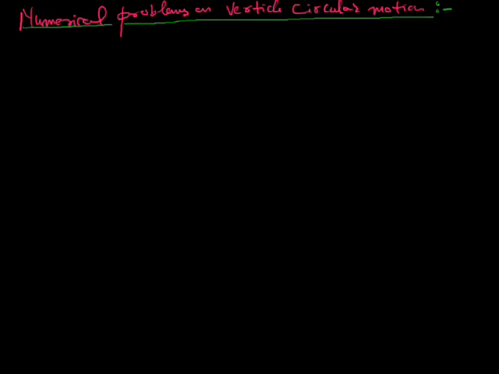First question is: a body of mass m revolves on the vertical circular path. Let it be at angle 30 degree.